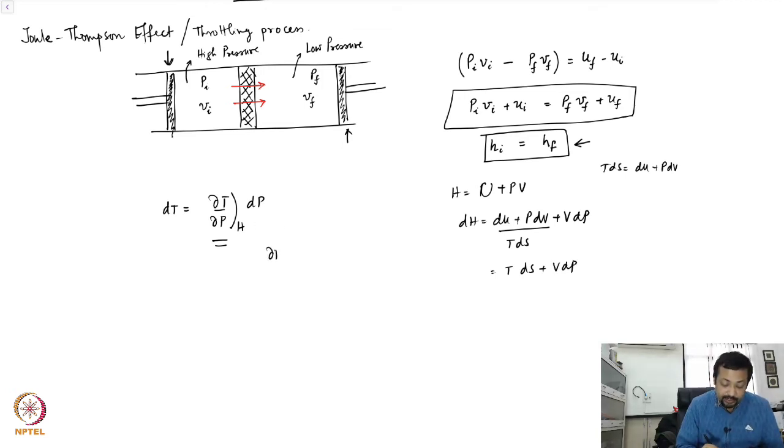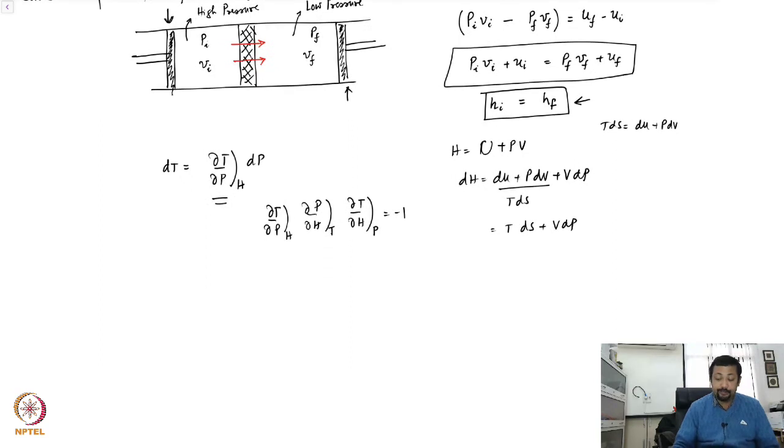Now let's write down del T del P, enthalpy held constant, times del P del H, temperature held constant, times del H del T, pressure held constant, is going to be -1. This is a cyclic relation which you have used several times. So del T del P, enthalpy held constant, is minus del H del P, temperature held constant, divided by del H del T, pressure held constant.